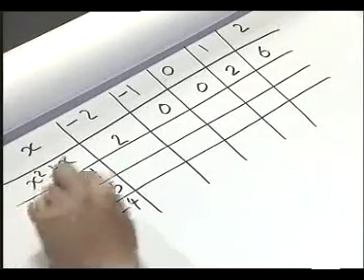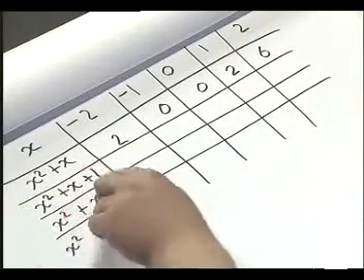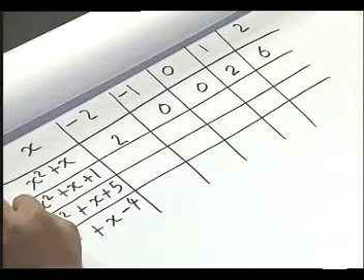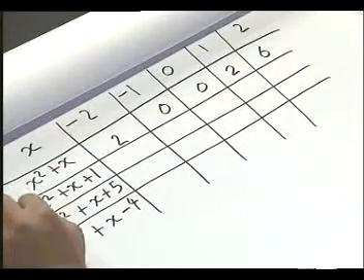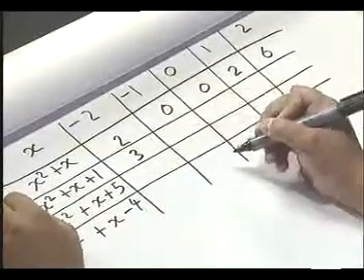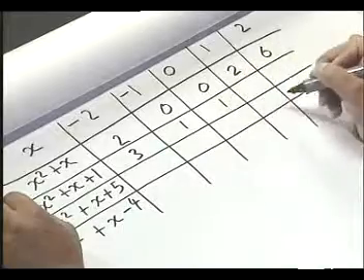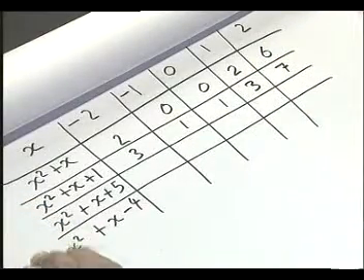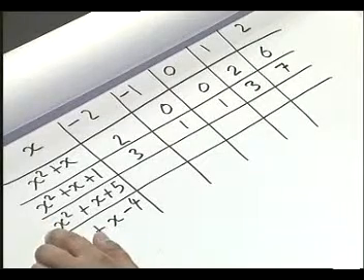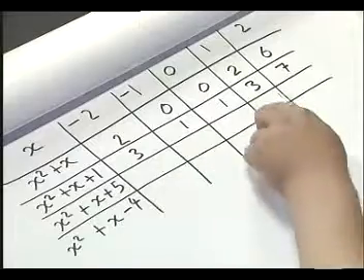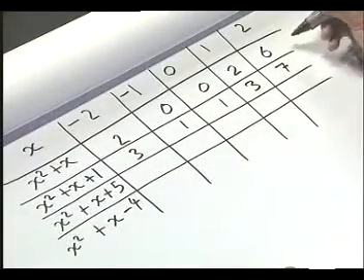The second line here, which is x squared plus x plus 1, is only 1 bigger than every value in the table before. So all we need to do is just add 1 onto every value from the line before. So this would be a 3, 1, a 1, a 3, and a 7. Likewise, for this line, when we've got x squared plus x plus 5, all of this line is just 5 bigger than our first line.